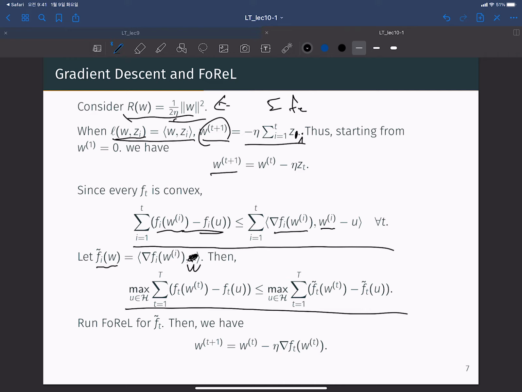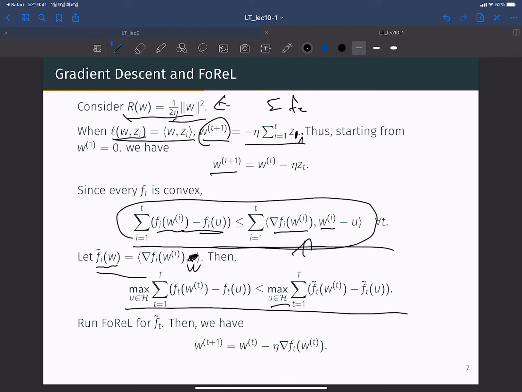The max of the summation t equal to 1 to capital T of f_t(w_t) minus f_t(u) is upper bounded by the max of the summation t equal to 1 to capital T of f tilde_t(w_t) minus f tilde_t(u). Why? Because of this inequality and because of the definition of f tilde_i.